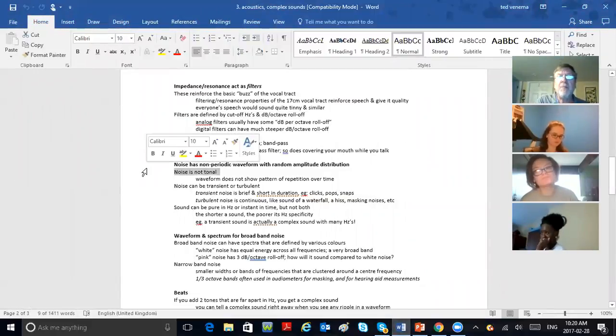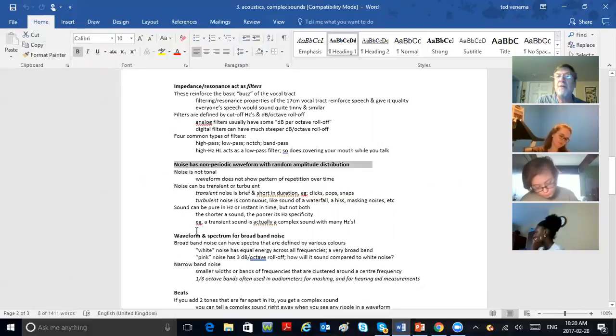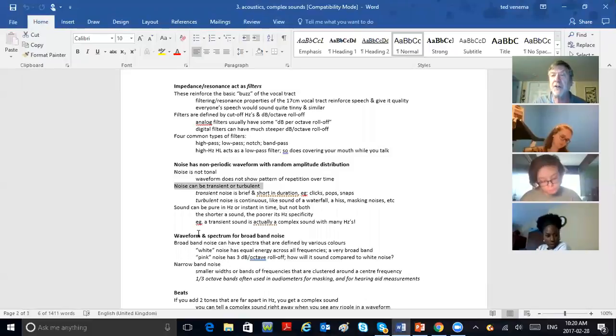Noise has a non-periodic waveform with random amplitude distribution. We've covered that. But look at this one here, right where my grayed area is on the page. Noise can be transient or it can be turbulent. The word transient means short. So noise can be like this: clap, transient. Door slam, bang.